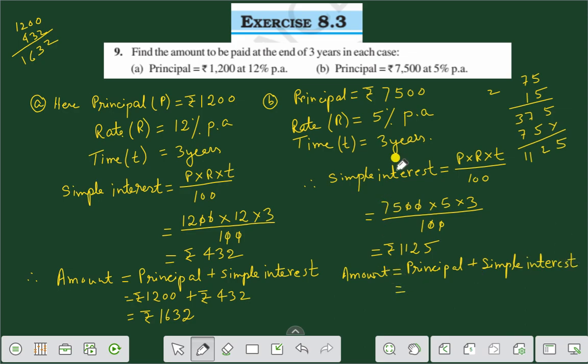What is the principal? Principal is rupees 7500 plus simple interest, rupees 1125.